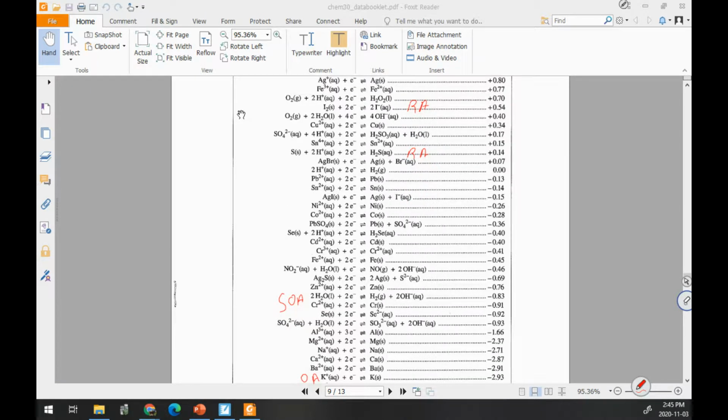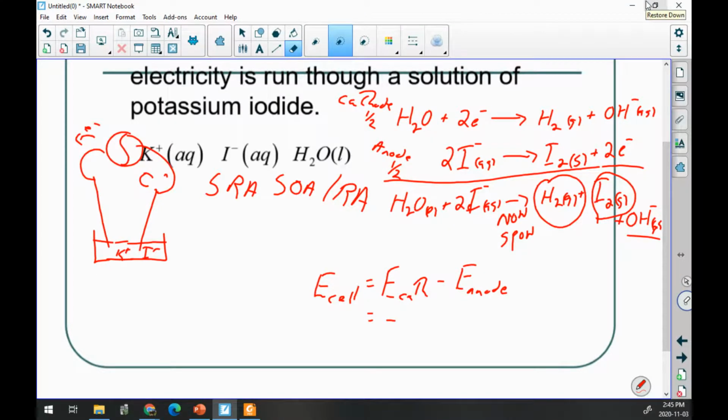Positive 0.454. Okay, so my cathode is my water, my anode is my iodide. Just reading them off, I end up with a negative 1.37 volts.